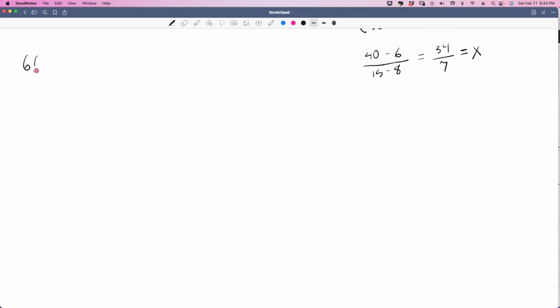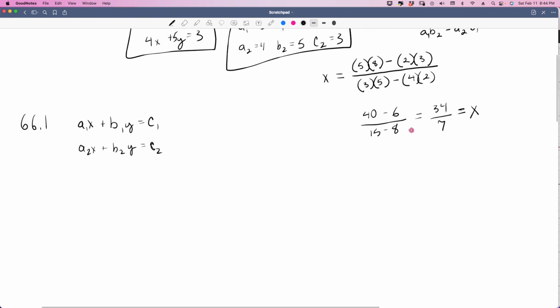So for 66.1, we're going to just create the same exact system. So basically A1, B1, C1, and then A2, B2, C2. So now though, we're going to solve for y.